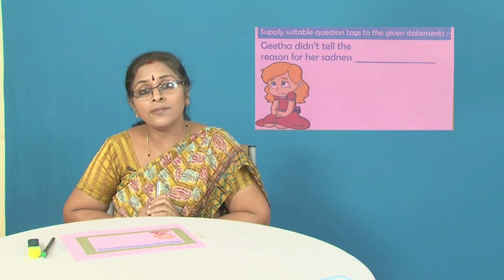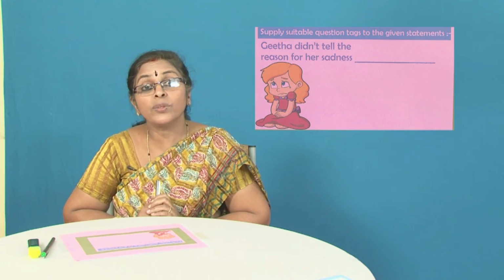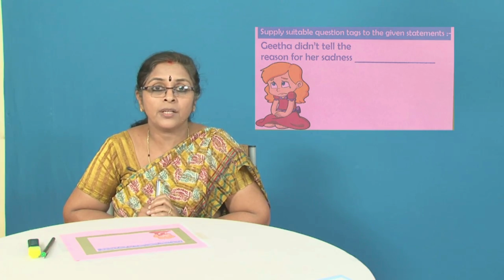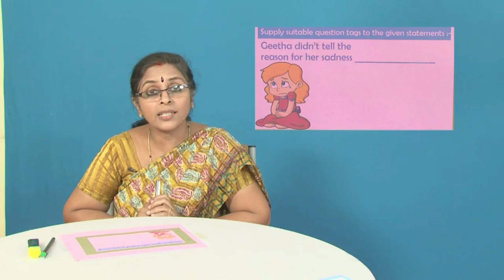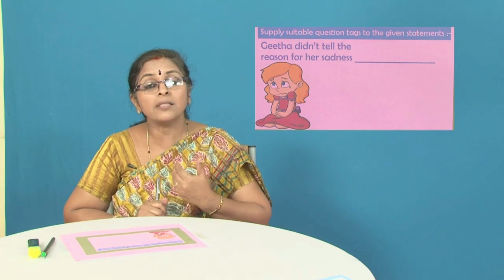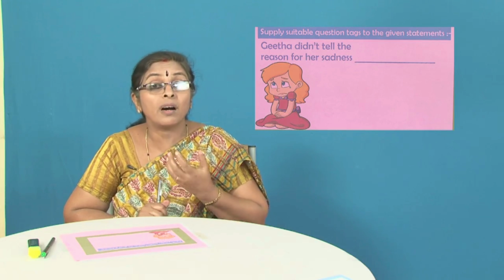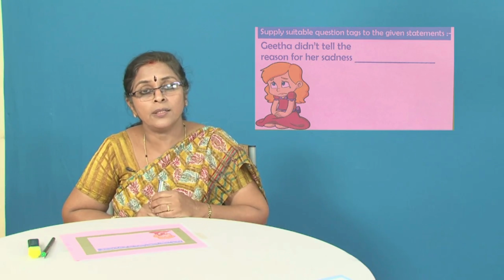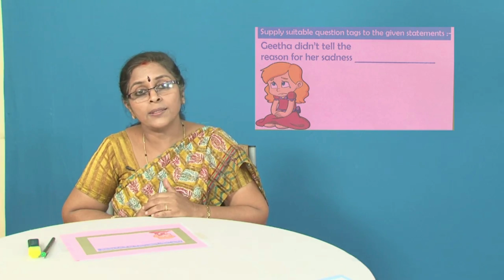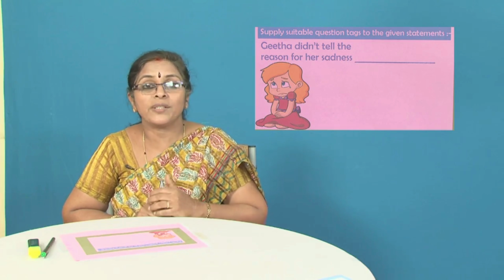Now, there is one point of difference between an interrogative sentence and a question tag. An interrogative sentence is a sentence which is asking you a question. When a question is asked, obviously the speaker expects a reply from you. So, an answer is required. In a question tag, the difference is that statements are given to us, and based on the statements that are given, you supply the question tag.